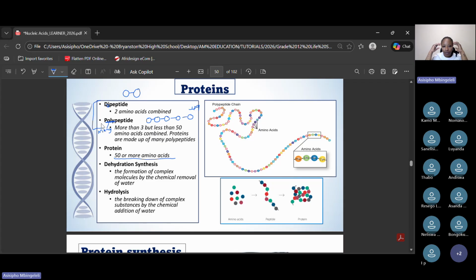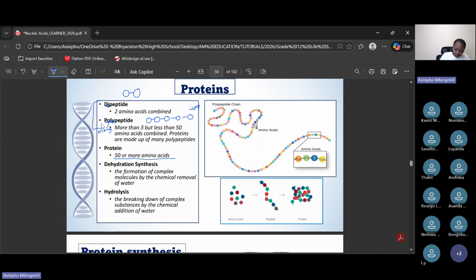It's not possible. You will see 3 or 5 or 6, whatever number. They will just tell you that is a section of the amino acids that they're giving you. So you cannot expect a chain of 50 or 300 amino acids. You take what you are given. If they say we are using these amino acids, even if they gave you 3, you take what they're saying.